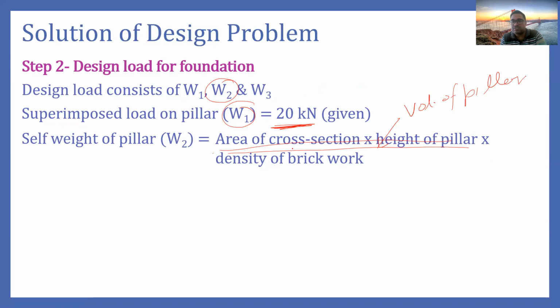So we know what is the area of cross section. It is 0.2 multiplied by 0.2, which I have just shown you in the previous slide. And height of pillar is given in the question, which is 2.5 meter, and density of brickwork is also given. So we have all the values. So 0.2 into 0.2 is the area of cross section of the brick pillar multiplied by height of brick pillar. So that is the volume multiplied by density of brickwork.